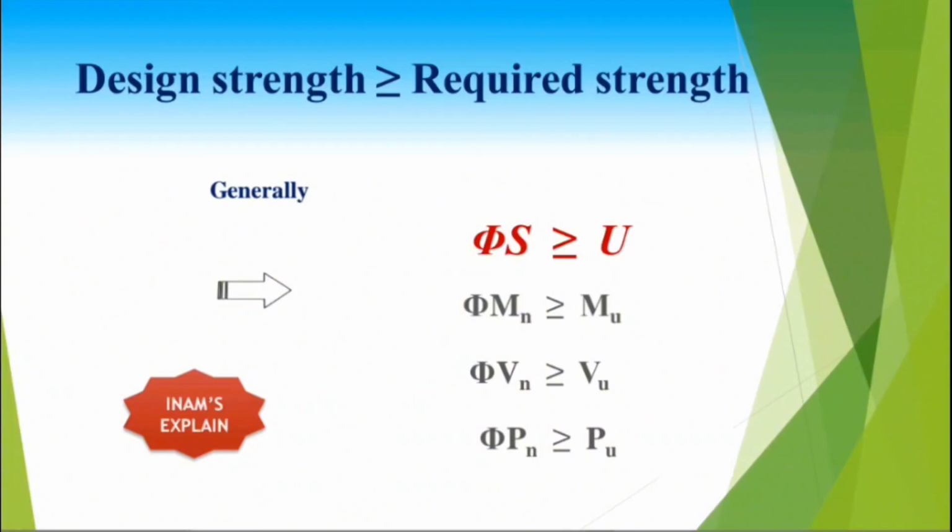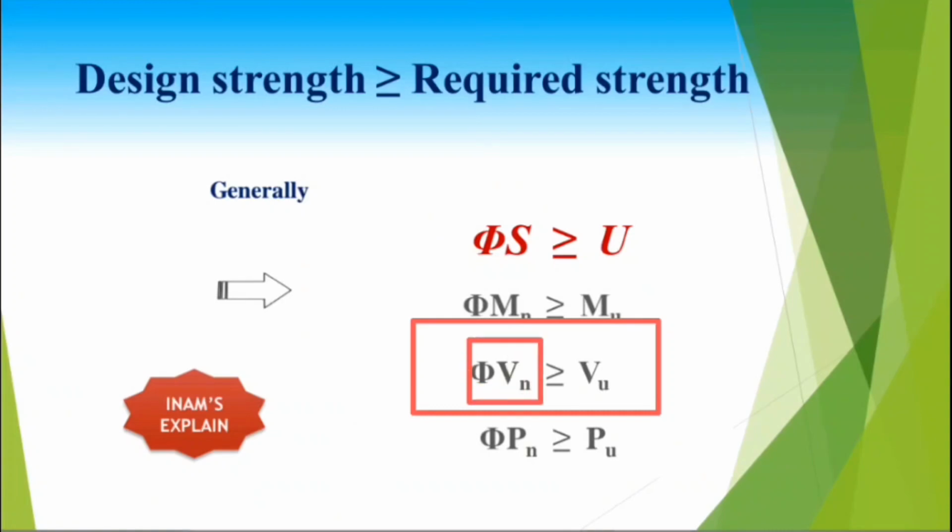Similarly, for shear, if there are shear forces applied, then the nominal shear multiplied by the strength reduction factor should be greater than or equal to the ultimate shear. So by seeing the different load effects, if the load effect is moment, then you calculate the nominal moment multiplied by the strength reduction factor.